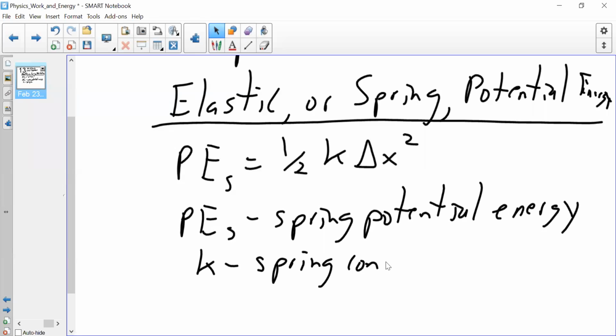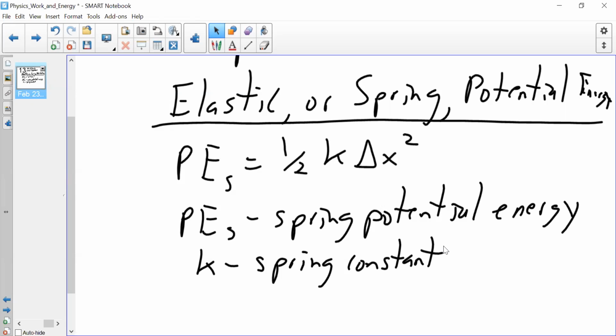So depending on the spring that you have, spring, rubber band, anything that can stretch and compress, we just call it spring, we just generalize it. Every spring or every rubber band or every bowstring for a bow and arrow has its own strength to it. So it's called the spring constant.